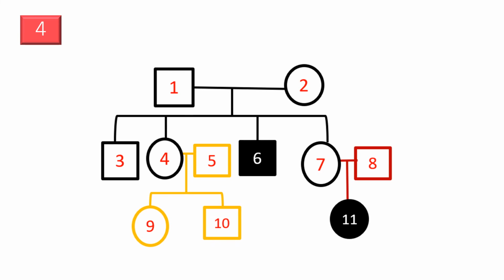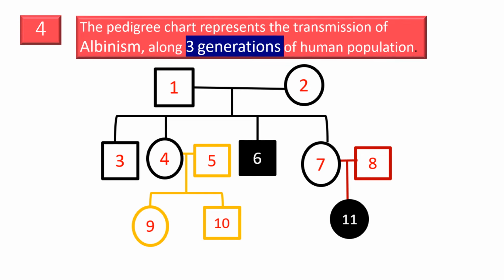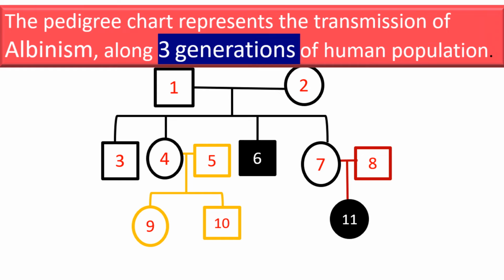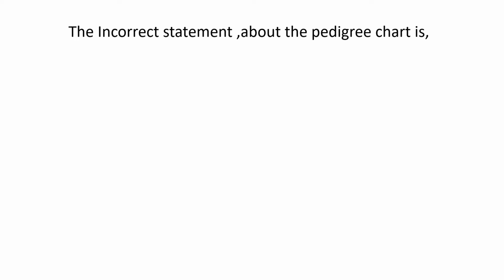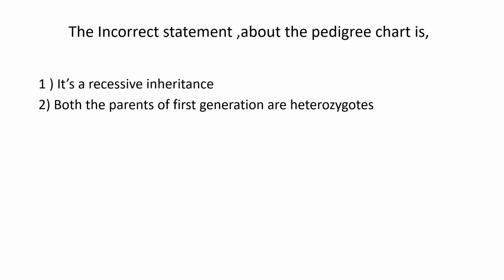Let's study the pattern of inheritance of an autosomal recessive character along generations with the aid of a pedigree chart. The pedigree chart represents the transmission of albinism along 3 generations of a human population. The incorrect statement about the pedigree chart is: 1. It's a recessive inheritance. 2.